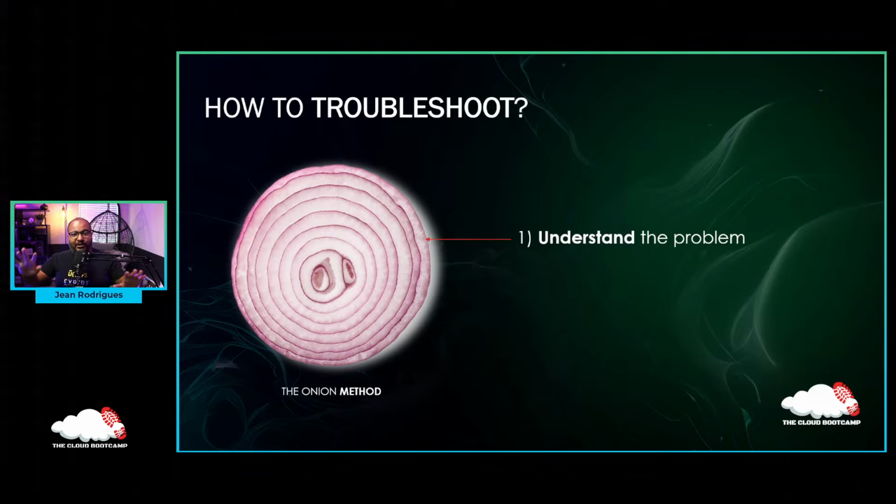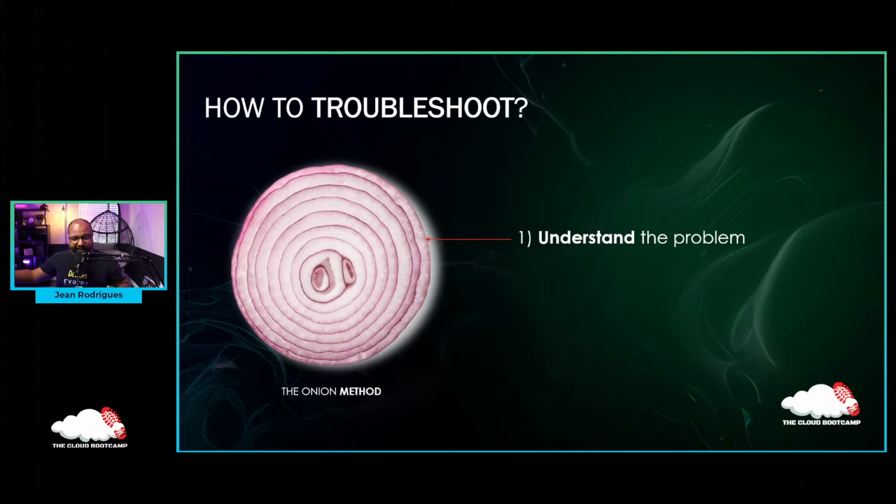Everything's gonna go in the wrong direction. And then what's gonna happen next is, because you're going in the wrong direction, the resolution time is gonna be longer. And the resolution time being longer basically means that maybe the business is down and it's losing money.